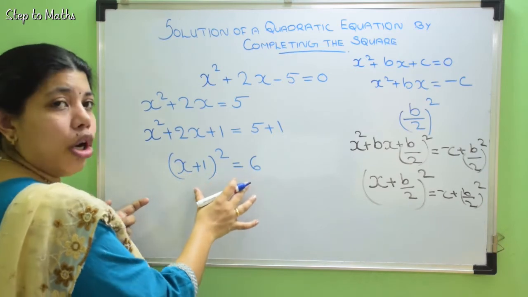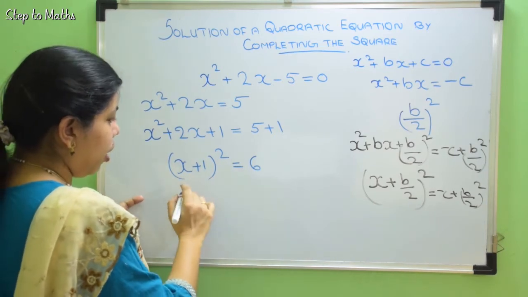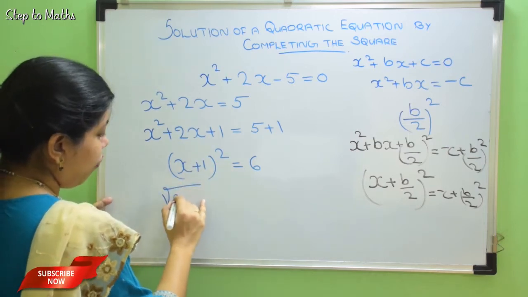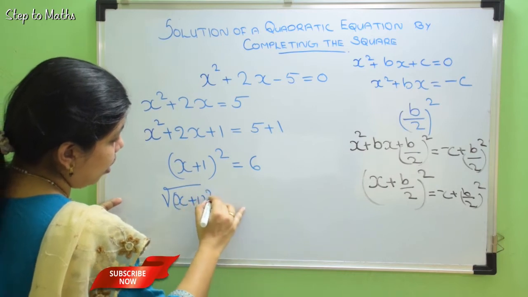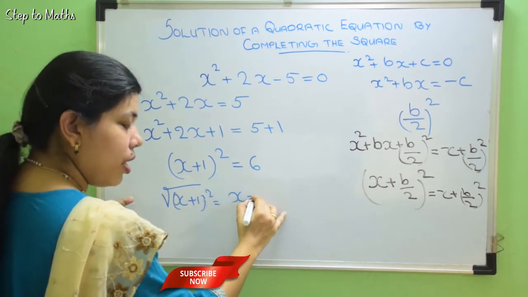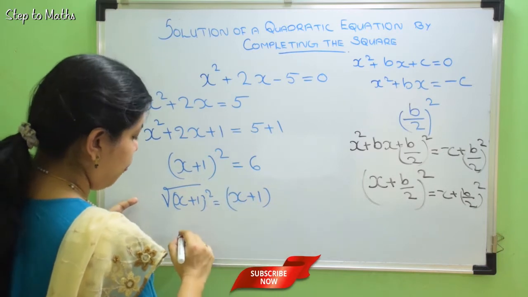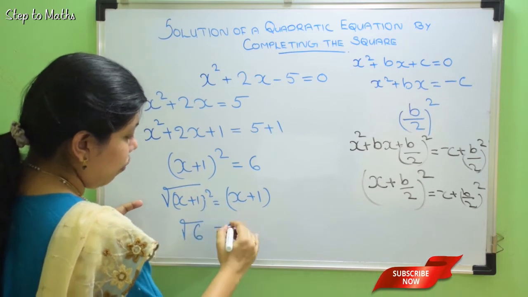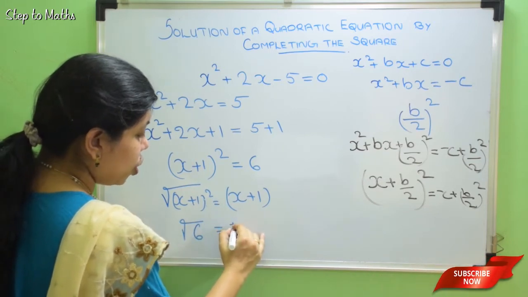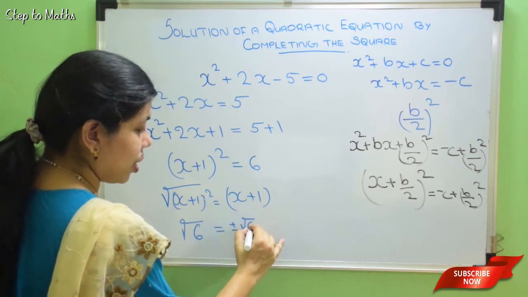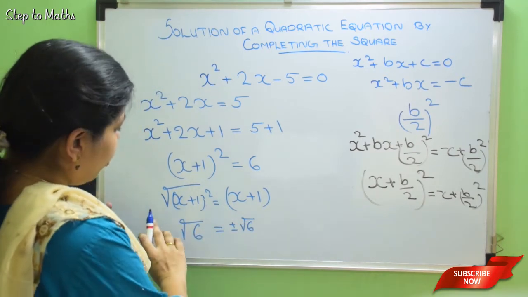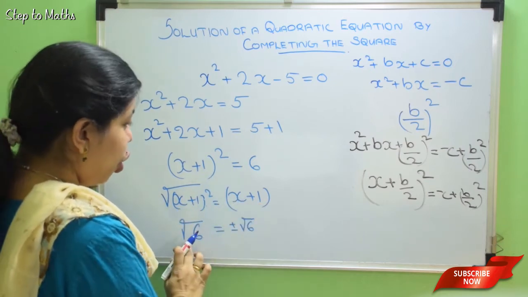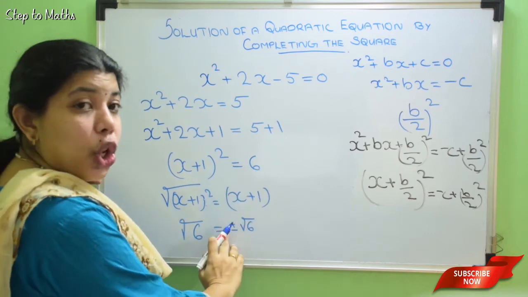So take the root on both sides. The root of x plus 1 square is x plus 1, and the root of 6 means plus or minus root 6.